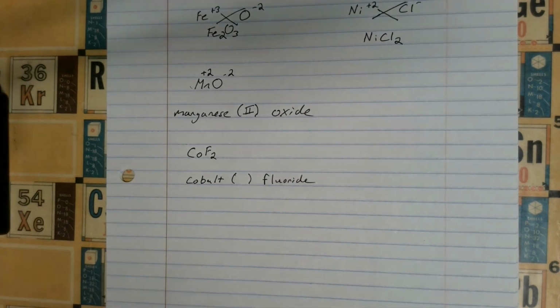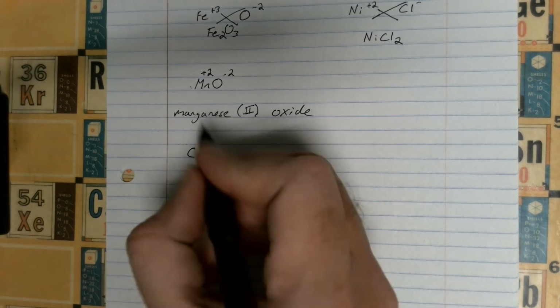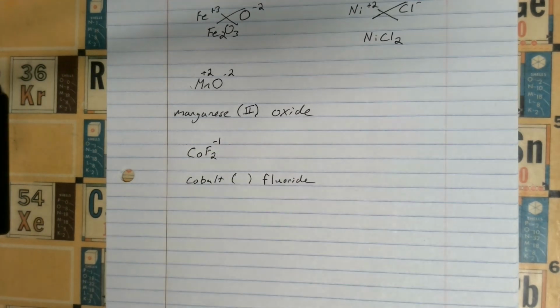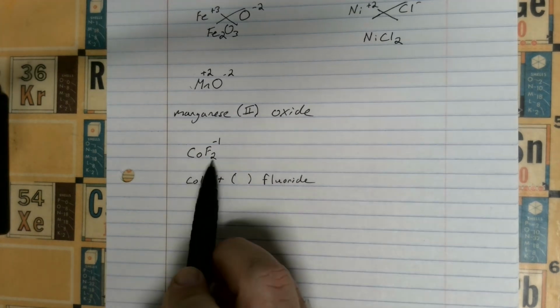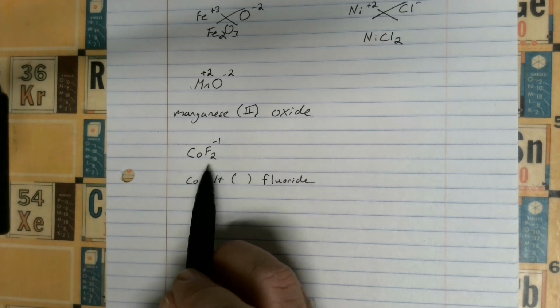Again, I need to use what I know to figure out what I don't know. I know fluoride is -1. It's group 17, a halogen. Their charges are -1. I also know that I have 2 of them, so I have 2 -1s. Put those together, that would give me a -2 charge.